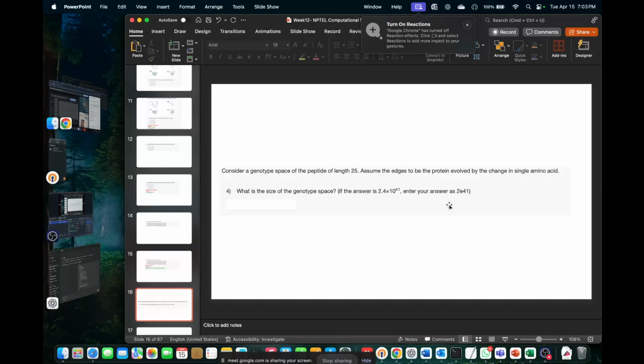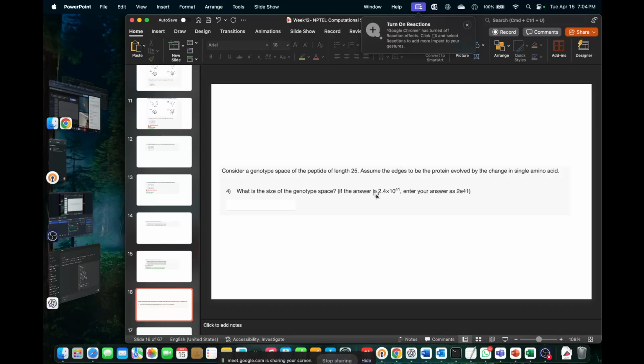Now you just need to simplify it, right? Because you have to give the answer in this format. So you need to simplify 20 to the power 25. You can break it down like this: 2 to the power 25 and 10 to the power 25. You can calculate 2 to the power 25 separately.